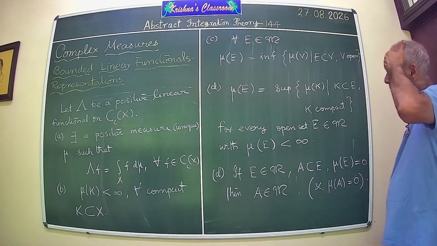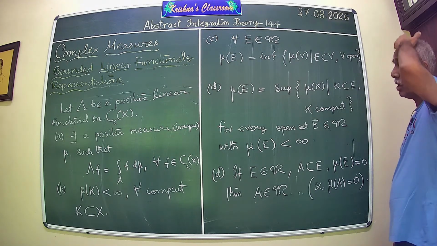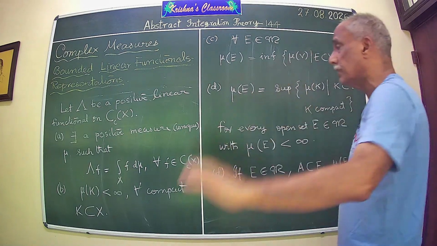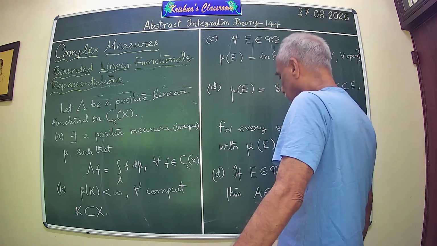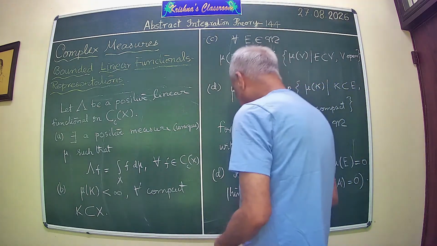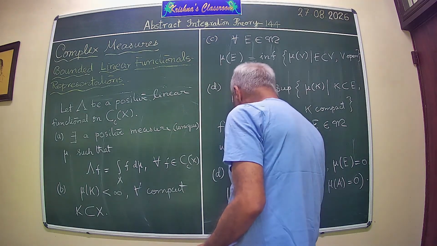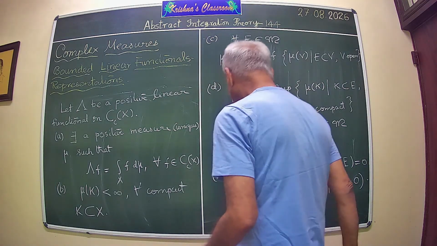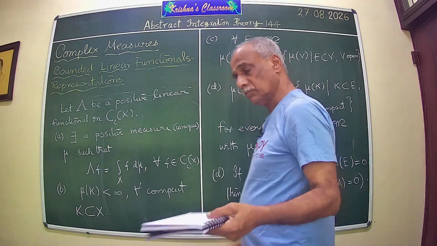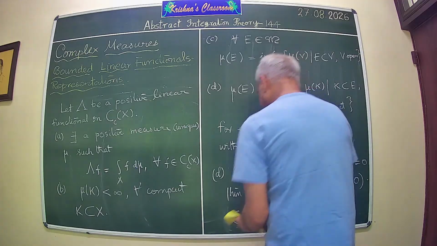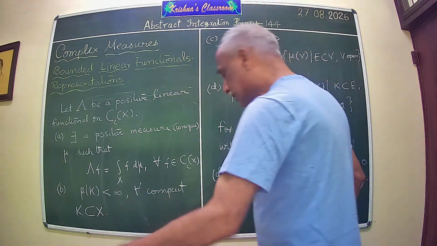What does it mean? It means the following. Consider all positive linear functionals on CCX. So you take any positive linear functional on CCX. Now you can easily see this.